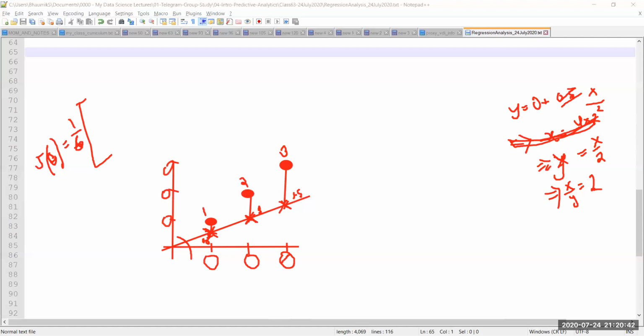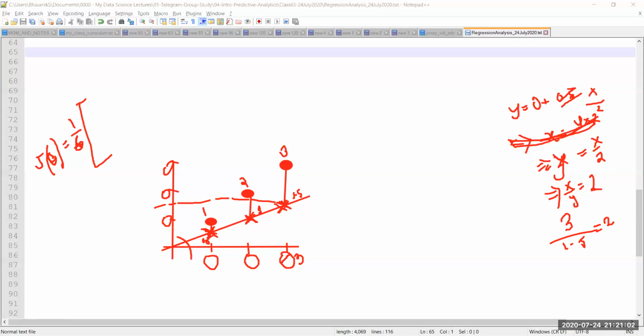For x equal to 3, I have a predicted value closer to 1.5. So this y value becomes 1.5, x value is 3, so 3 divided by 1.5 is 2. I hope you have understood this now.